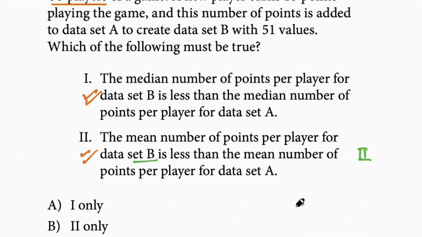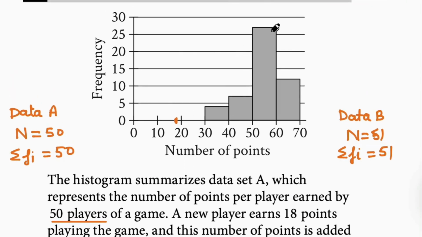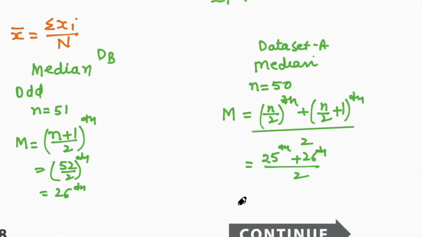Now if I go back to the data, the 25th and 26th observations, we don't know, right? They are somewhere here. We are not sure whether they are equal or not equal. We cannot find this with the help of the histogram. If the 25th and the 26th observation are equal, anyway it will be the 26th itself.